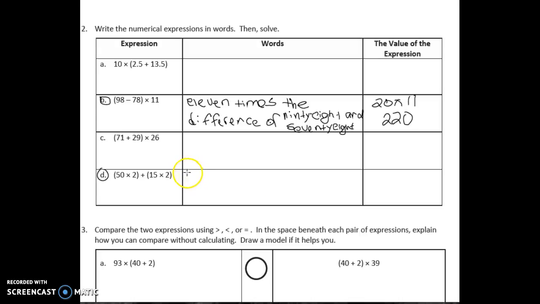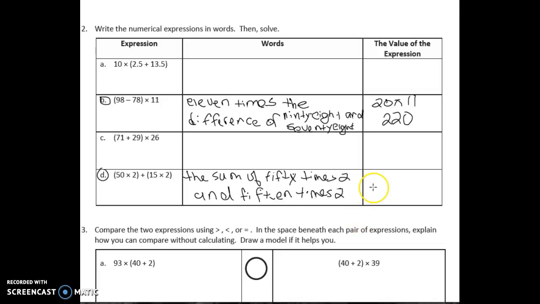We have addition here in the middle, so it's going to be the sum of 50 times 2, that's a times, not a y, and 15 times 2.